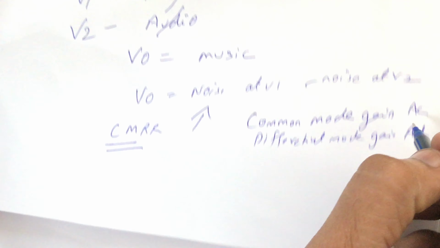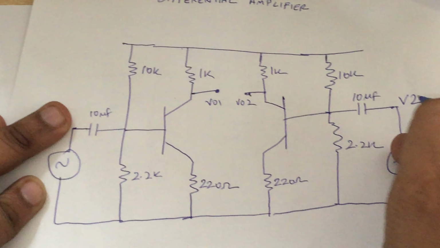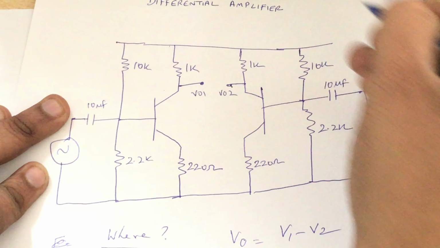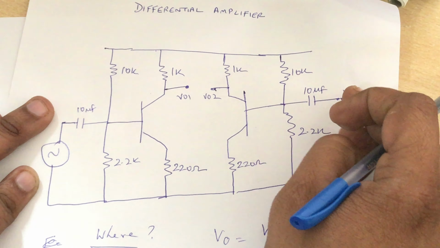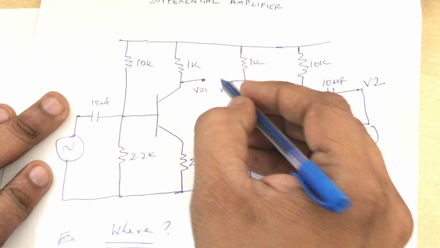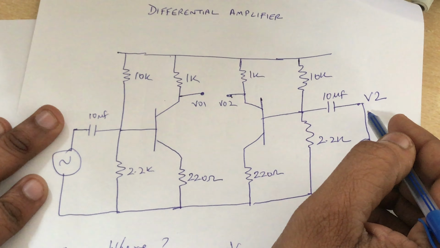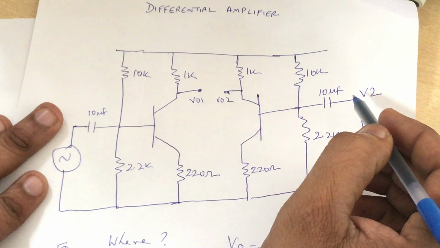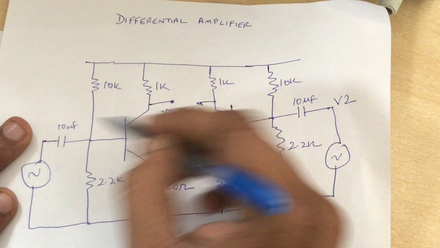Common mode gain is where we give the same input V1 to both sides. We take a wire and short both V1 and V2, so the same input is applied. Ideally, my output should be 0 since both inputs are the same, but practically that is very difficult. So we find out what output we get for a common mode signal.